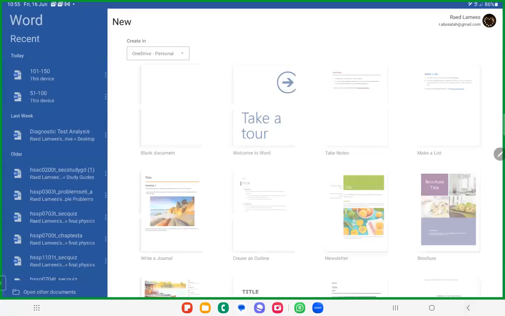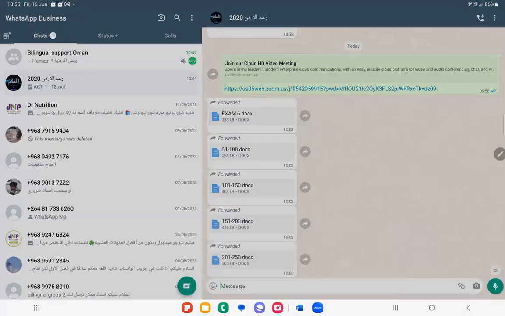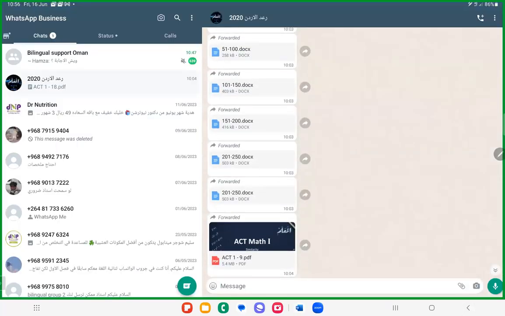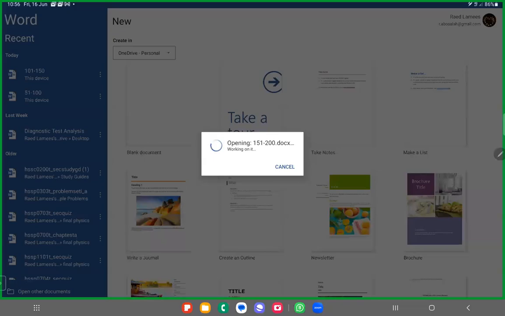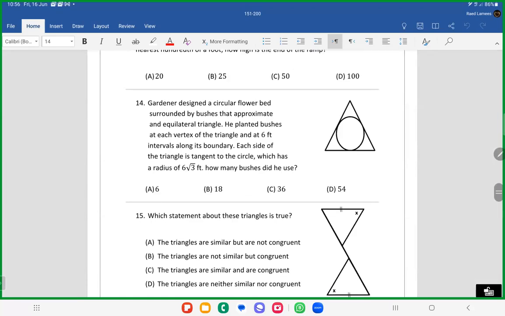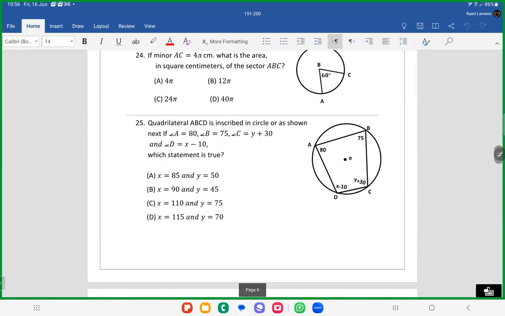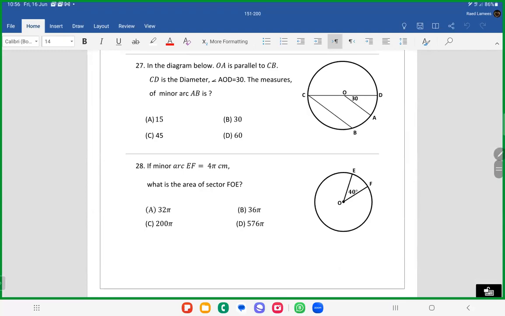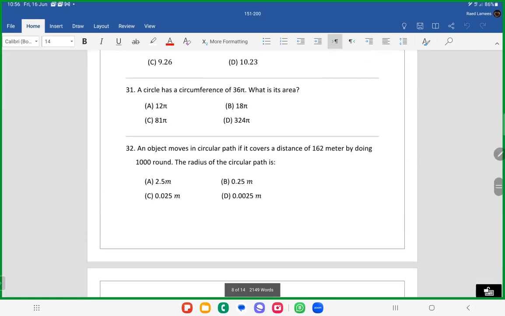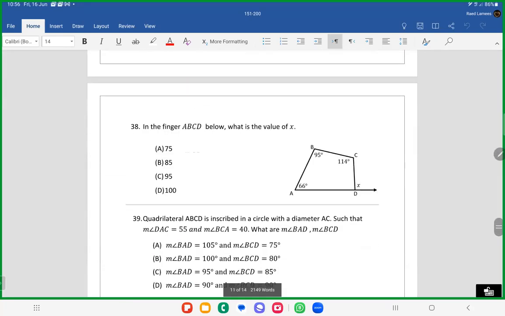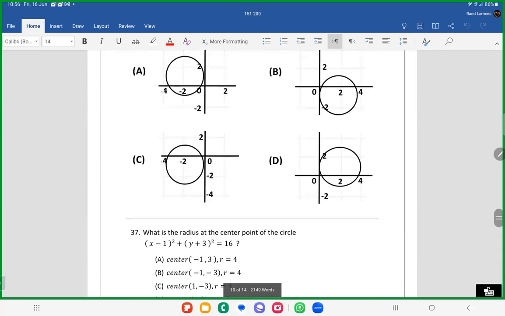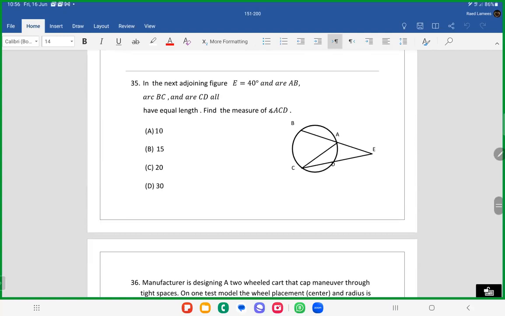Not even this one. Maybe the third one. Yeah, third one maybe. Yes. Is there? This one? Yeah.